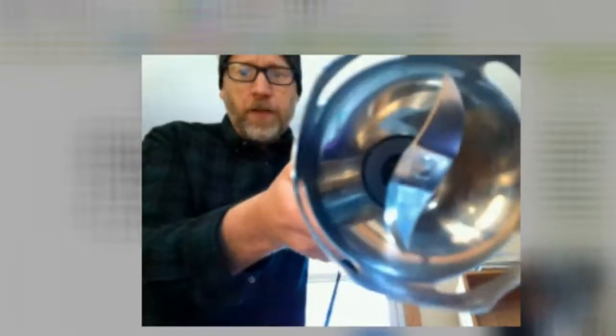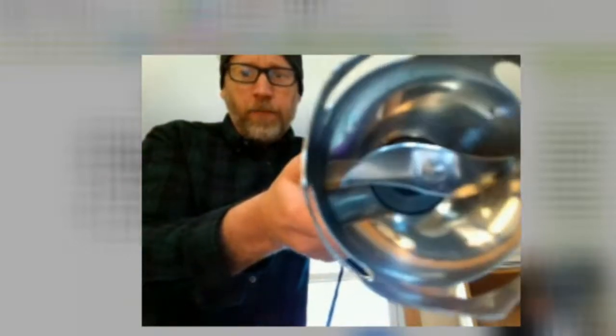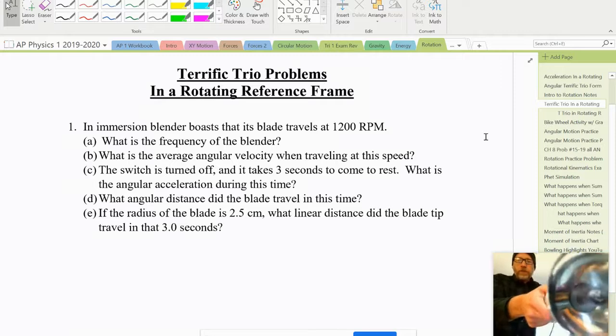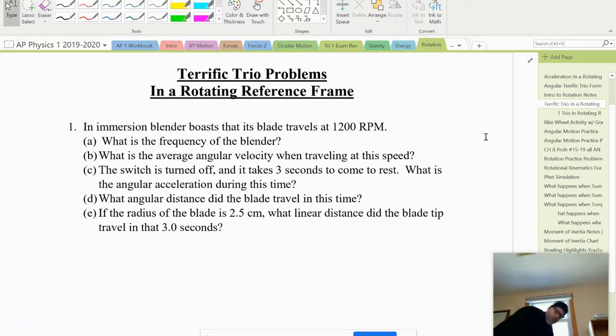Don't stick your finger or your tongue in there. That would be bad. See how it spins? Yeah, that's the highlight for the day, guys.